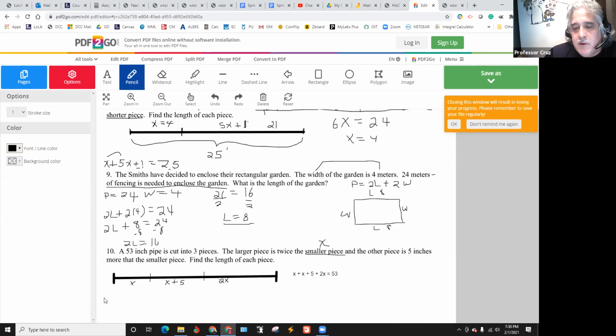So now let's put it over here. That's 2X and 2 more X's, so that's 4X. So that means 4X is equal to 48. Divide by 4. X is equal to 12. So this is 12.